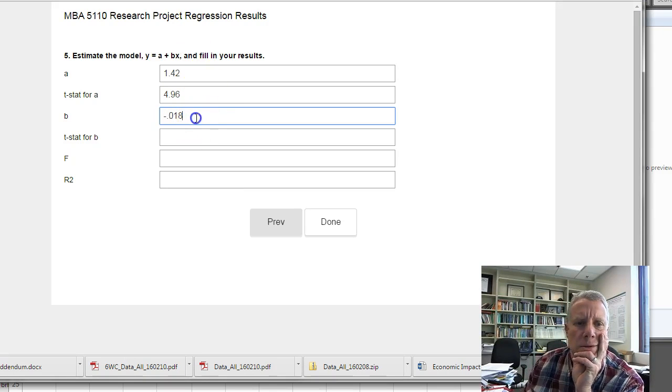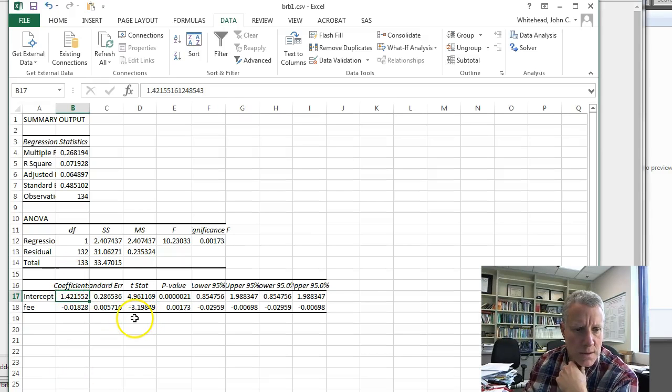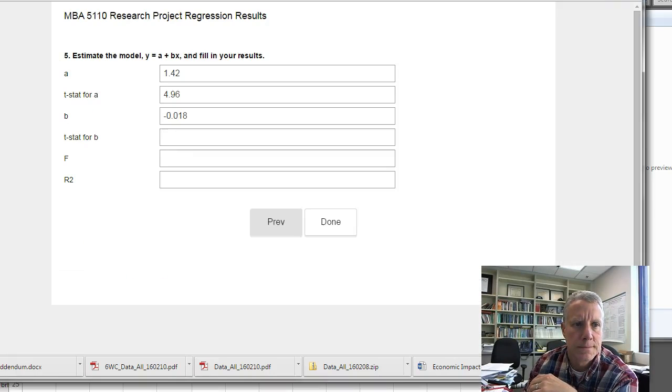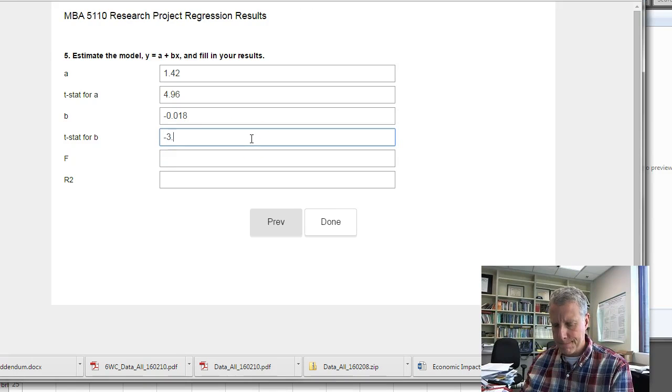Okay, and for this number, make sure you give me 2 non-zero digits to the right of the decimal. So do not round this one up to 2. We're going to lose some precision on that we don't want to lose. Okay, and then the t-stat for the slope is negative 3.20. Okay, and then your professor wants to see the F statistic and the R squared.